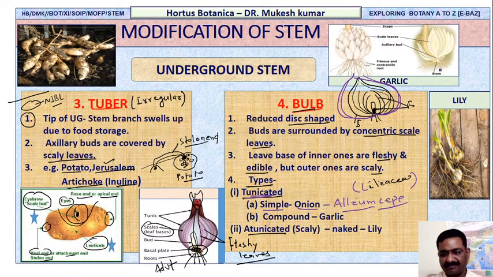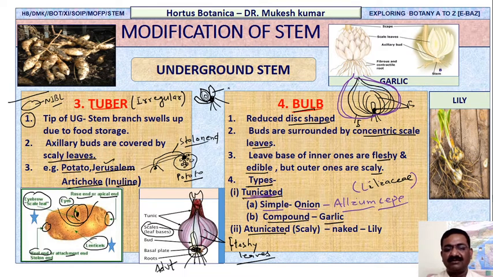Now, the second one is the compound tunicated bulb. It's called garlic. You all know about garlic. This is the reduced stem, and these are the adventitious roots. See, this is a single bulb, this is a bulb, this is a bulb, and each bulb is covered by its own tunic layer. Inside there is a fleshy layer, outside there is the scaly layer.